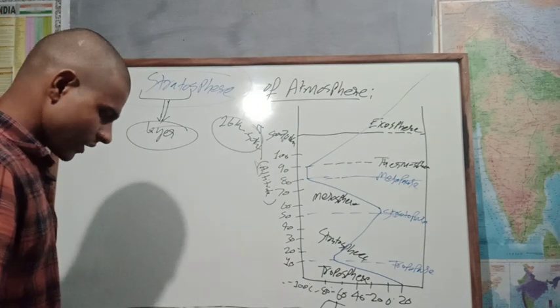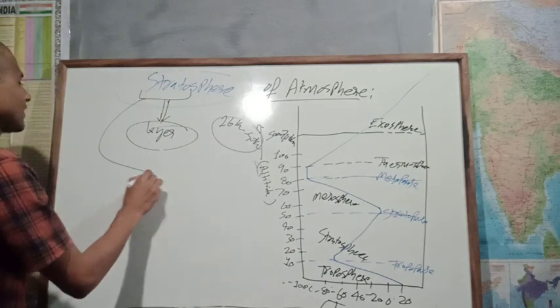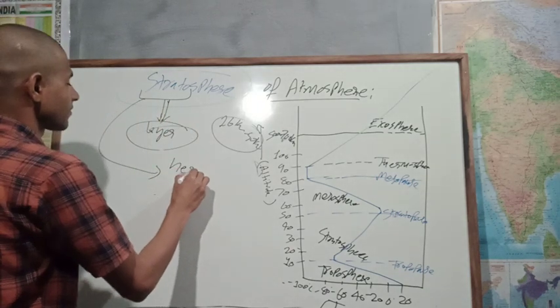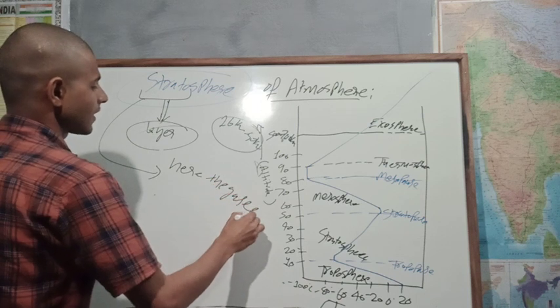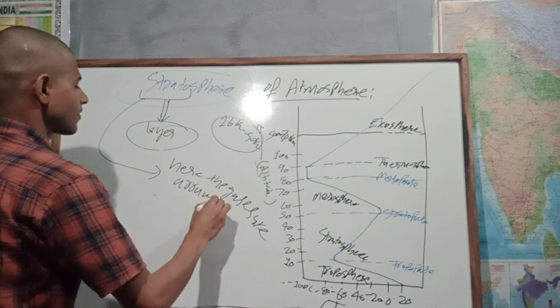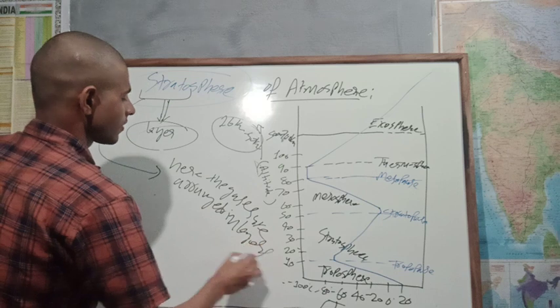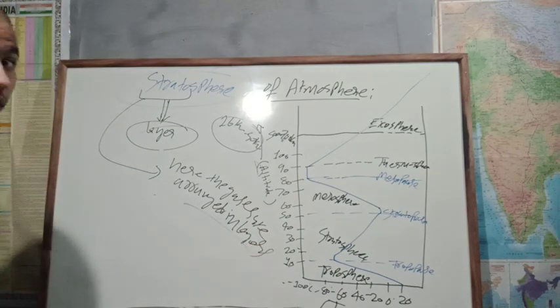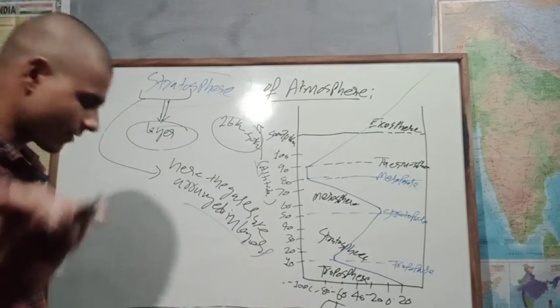Now strato means layer. So here the gases are arranged in layers. That's why the name is stratosphere. What else?